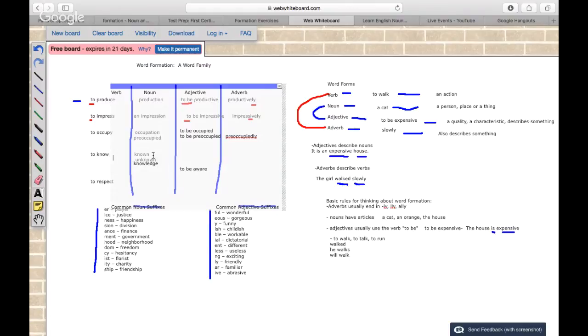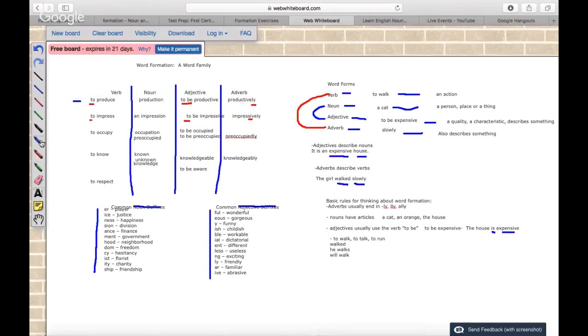And then the adjective would be knowledgeable. And let's see, known, knowledgeably, yes. And I think we could say knowledgeably. Sometimes they sound a bit strange, but I believe that it exists.